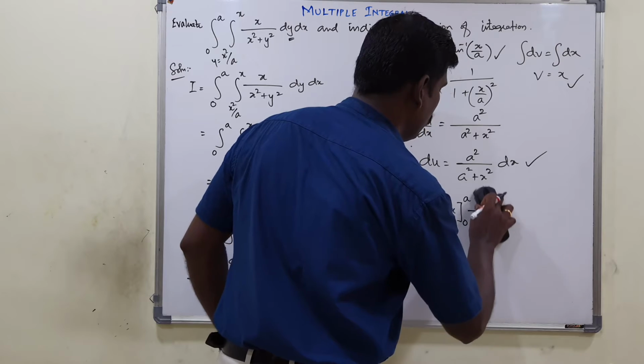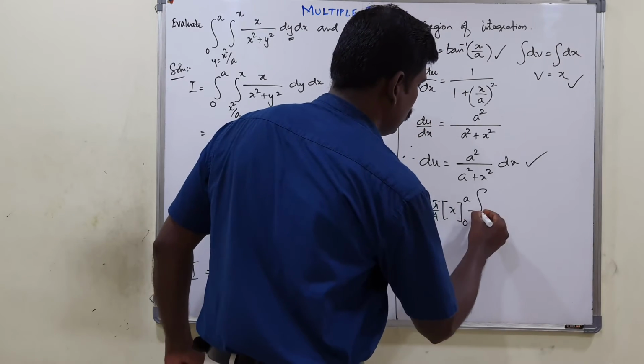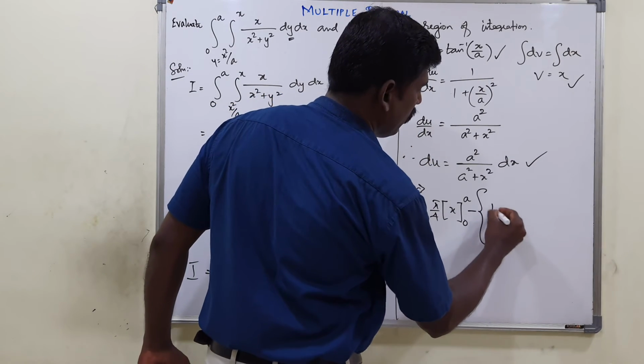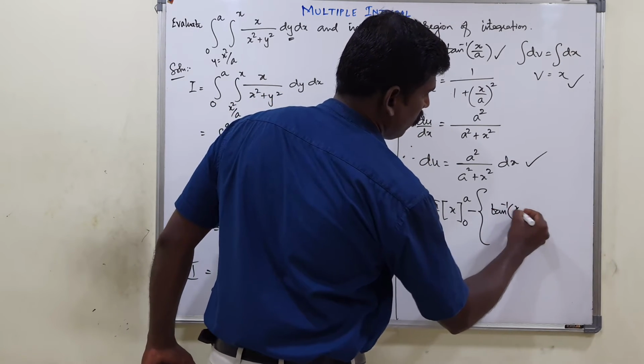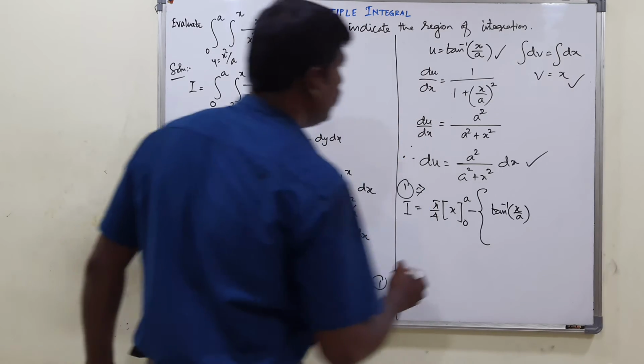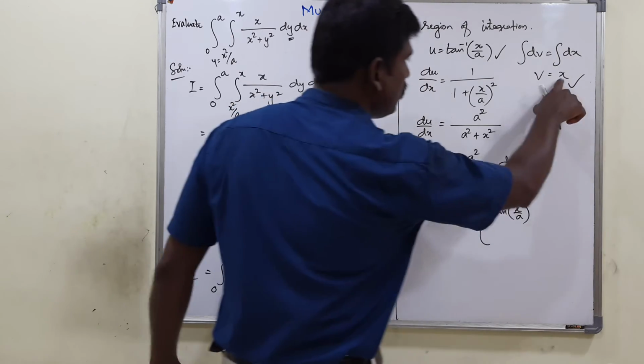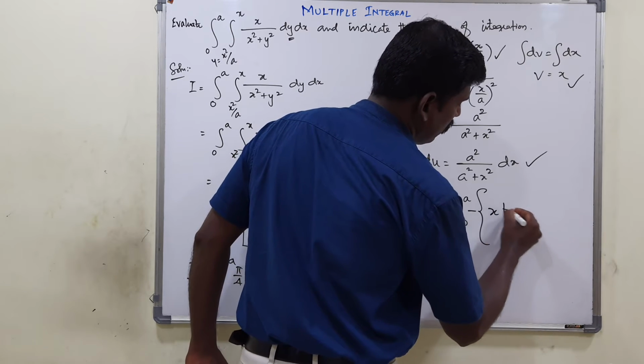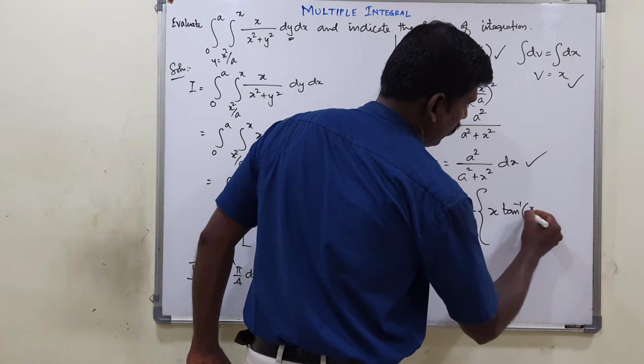I am opening a bracket here. uv minus integral v du. What is u? Tan inverse of x by a. Tan inverse of x by a into v. V is x. So I can write it in front. Okay. So x into tan inverse of x by a.